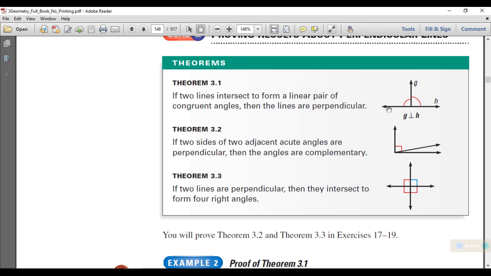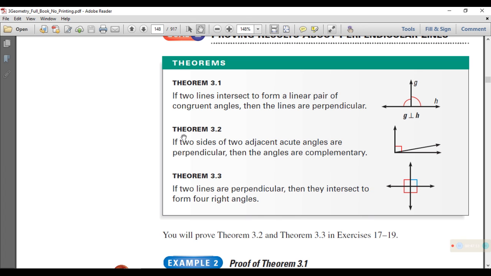Kasi, kung isang line siya, diretso, 180 siya. Tapos, kung nag-intersect siya, tapos nagkaroon ka ng equal na angles, tig 90-90 yun, di ba? Eh, di ba kapag perpendicular lines, it is equal to 90 degrees. So, you will have two lines, G and H, perpendicular.